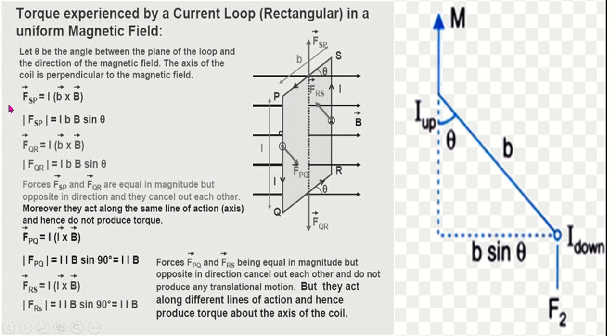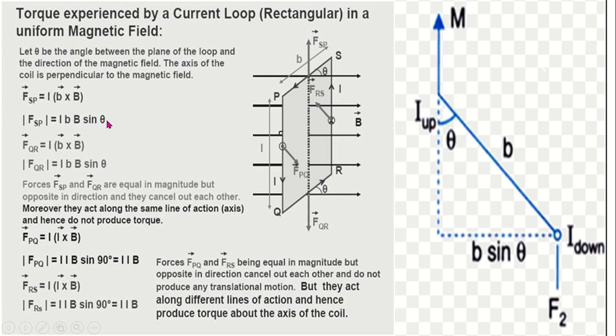F_SP equals I B cross B, because you know force equals I L cross B, as I showed you previously. Here the width is b, so it will be I b cross capital B, that is the magnetic field intensity, and its magnitude will be F_SP equals I b B sine theta.